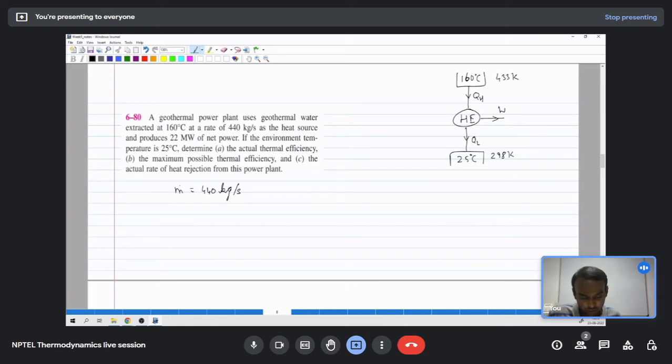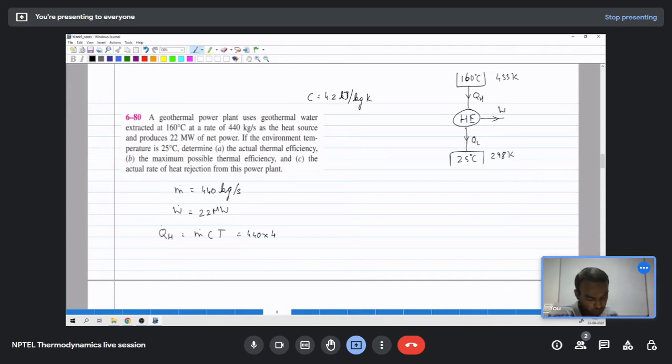I write it as m dot, and power produced is 22 megawatt. So now I can calculate q dot h, which is m dot c into T. So here m dot is 440 into C is C of water, which is 4.2 kilojoule per kg Kelvin.